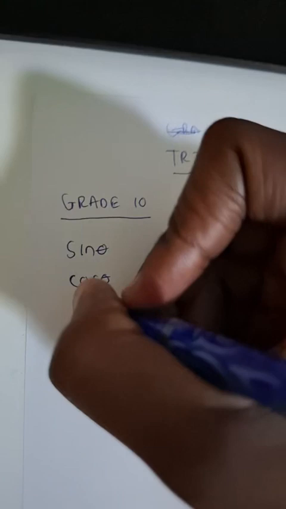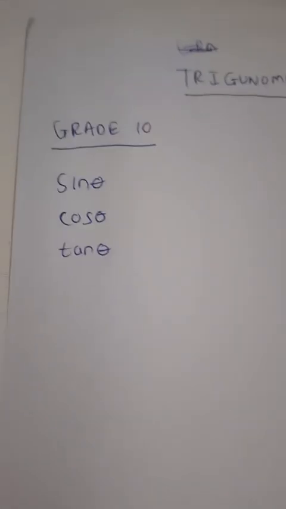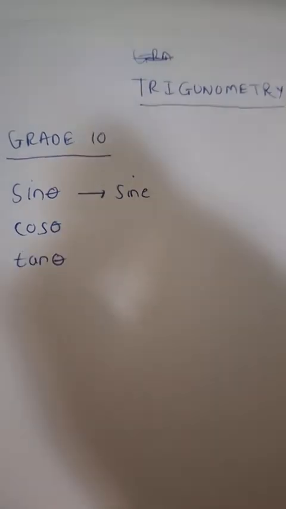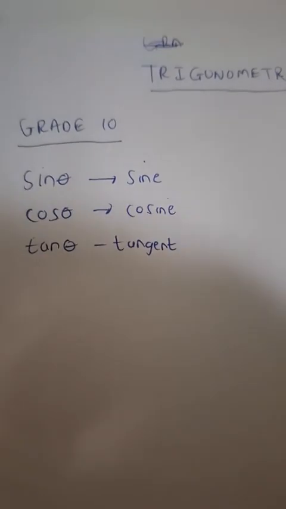In grade 10 trigonometry, you fundamentally learned about 3 trig ratios, the basic trigonometric ratios: sin, which if you write it out is sine, then cos, meaning cosine, and then tan, which is tangent, when fully written out.